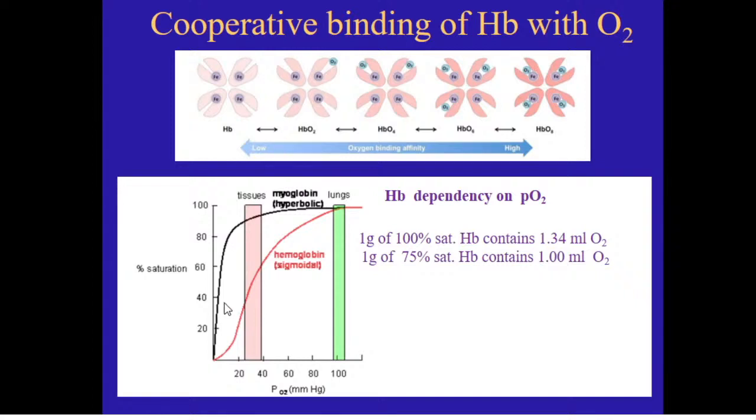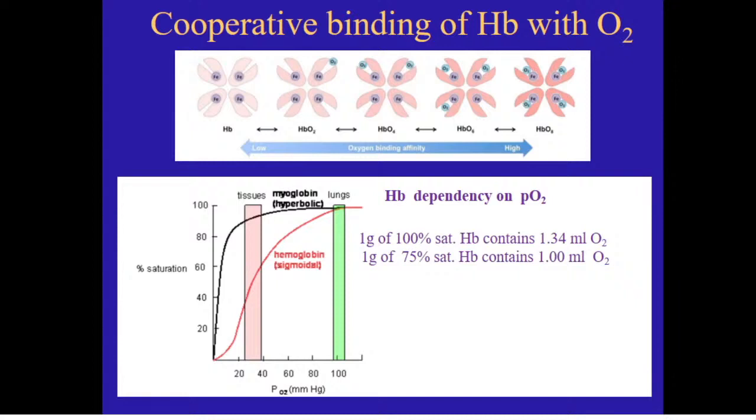Myoglobin can interact with only one molecule of oxygen, and at low partial pressure of oxygen, it is nearly completely saturated. What is it necessary for? It means that in tissue, where the partial pressure of oxygen is very low, it is high in lungs, understandable, myoglobin can keep as much oxygen as it can.